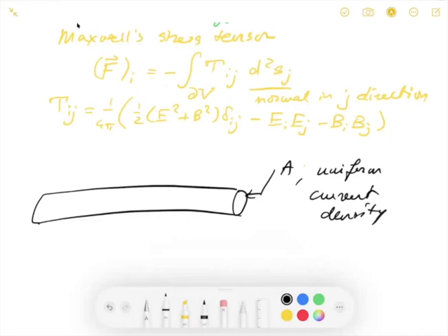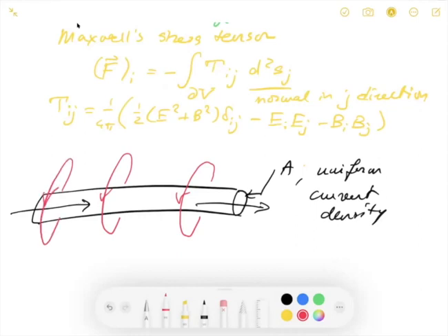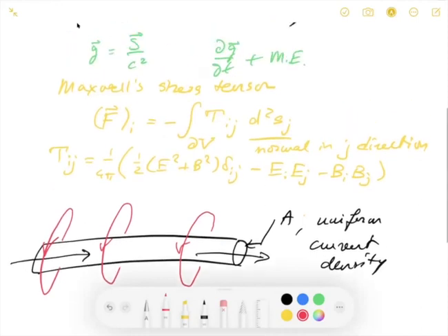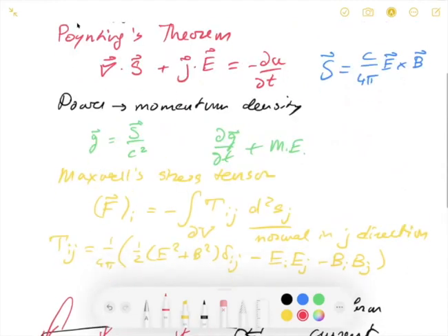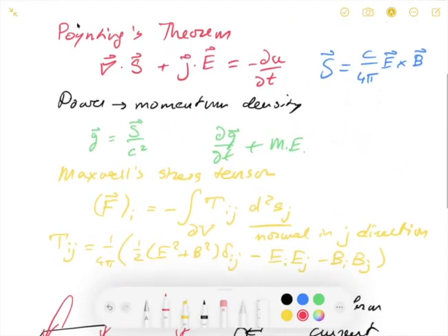If the current is flowing in this direction, then it generates a magnetic field in this direction. So far it doesn't really do anything, right? At least it'll do something with the stress tensor, but not necessarily with Poynting's theorem yet.